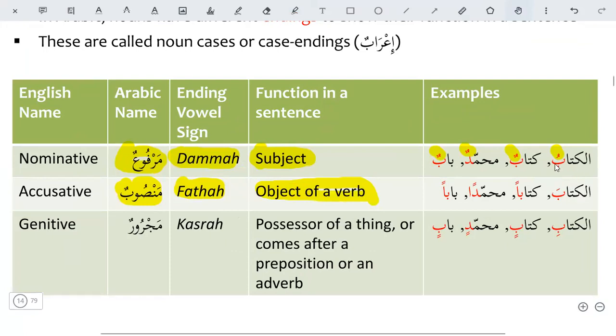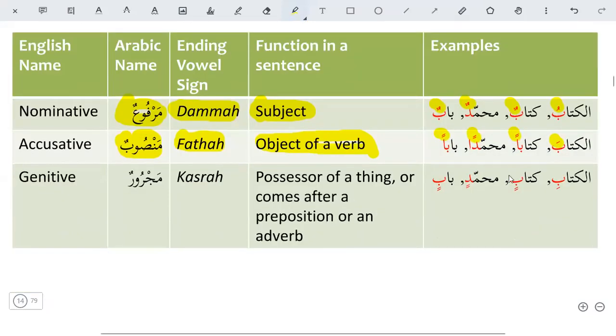You see al-kitabu has dhamma, al-kitaba has fatha, kitaban has fatha, Muhammadan has fatha, baban has fatha. So these terms you have to remember so you don't get confused in the future.